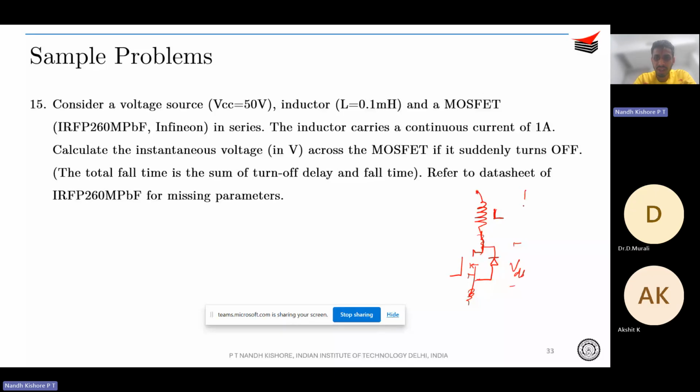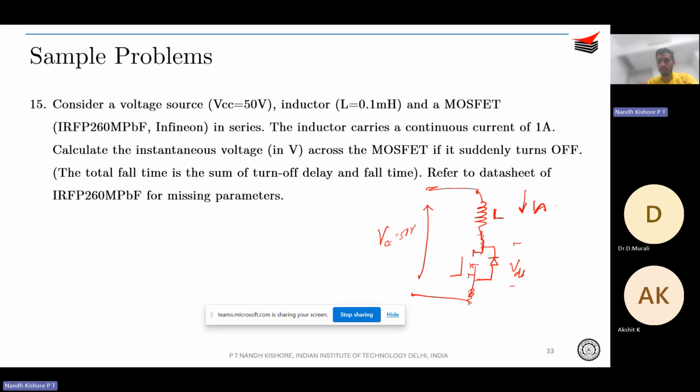And they have told that the inductor carries a current of 1 ampere. So what is the voltage across the MOSFET if it suddenly turns off? The voltage source VCC is 50 volts, and the MOSFET is turning off.